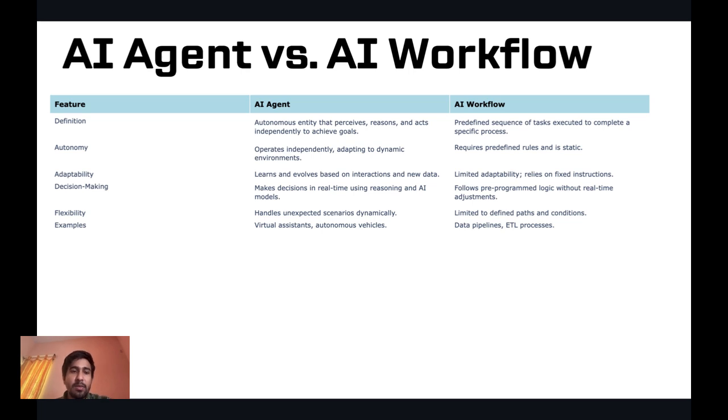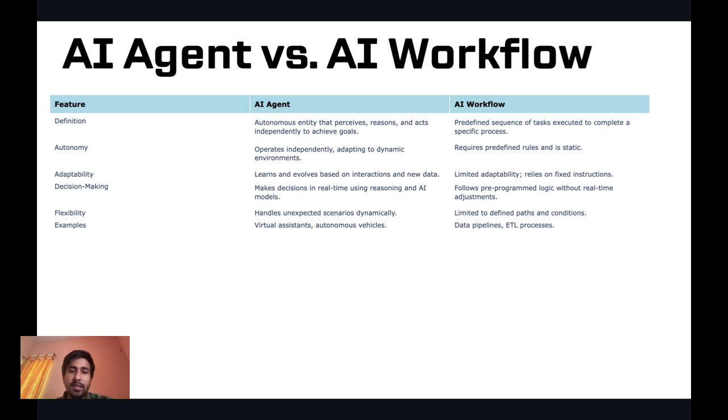So there is a difference between agentic workflow and normal AI workflow. An AI agent is an autonomous entity, as already defined, which can perceive, reason and act. AI workflows are basically a predefined sequence of tasks executed to complete a specific process using AI models or LLMs.